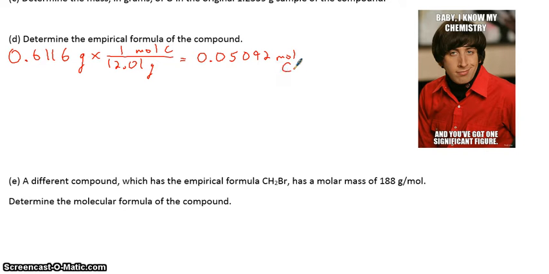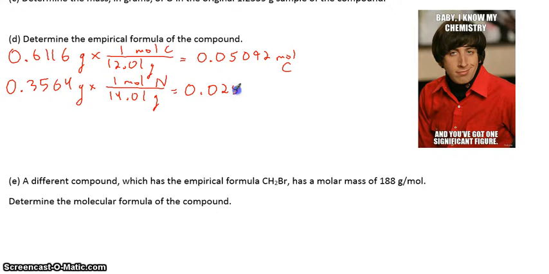Next, we'll do the same thing with nitrogen. So we had 0.3564 grams of nitrogen. A mole of nitrogen weighs 14.01 grams. That gets us 0.02544 moles of nitrogen.